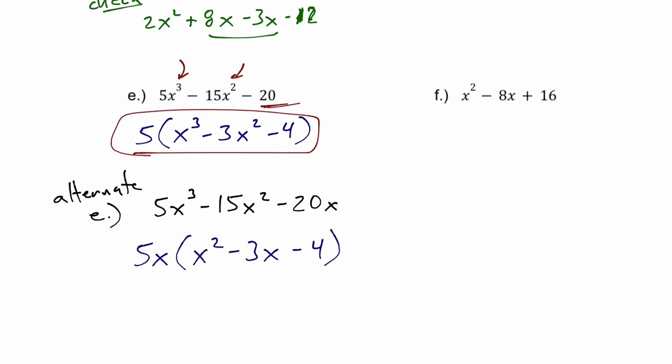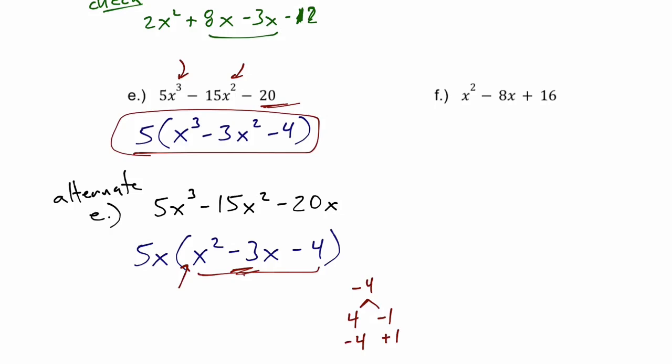And then we could look at this trinomial. It's a trinomial with a equal to 1, so it's that simple situation. And you might notice that we're going to get that product of negative 4 from positive 4 and negative 1, or should I write negative 4 and positive 1? Well, I want that middle term to be negative.